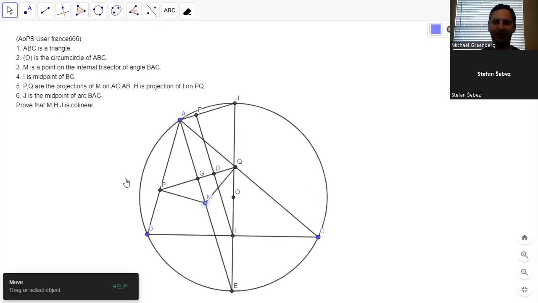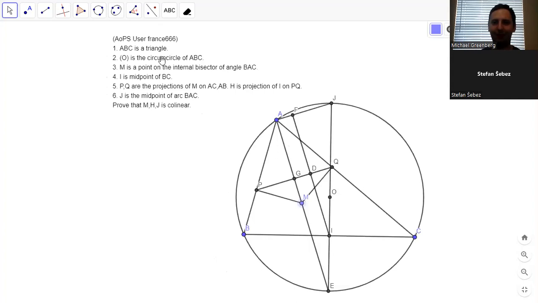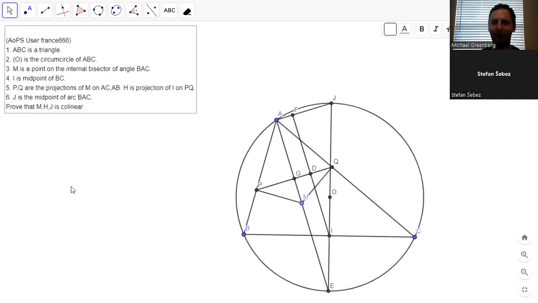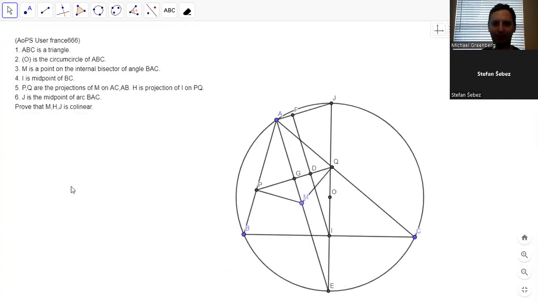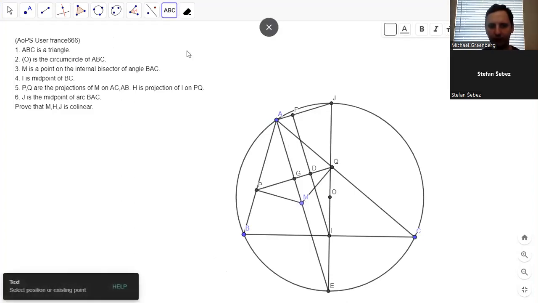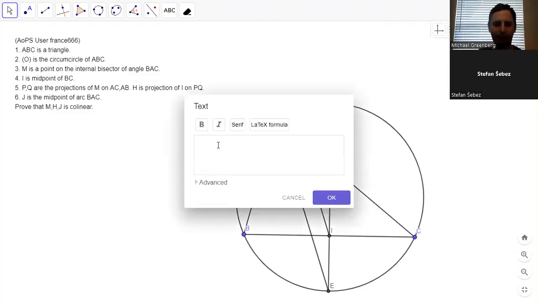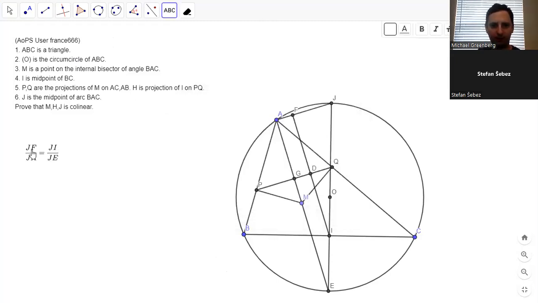It's an easy one. Well, it's easier because I did the more specific problem before, but I think that does it. So JF over JA is equal to JI over JE. I'll define the points in the end. Then AM over AG.